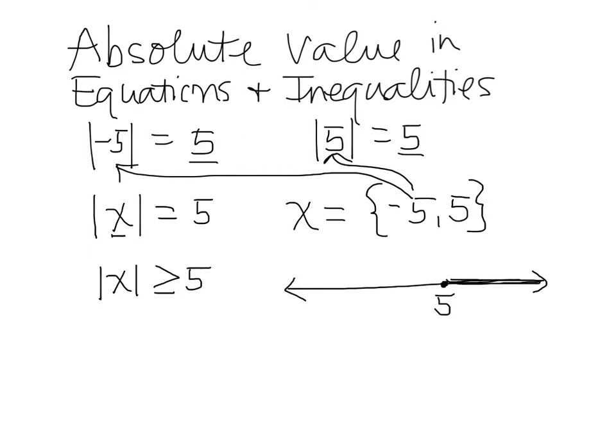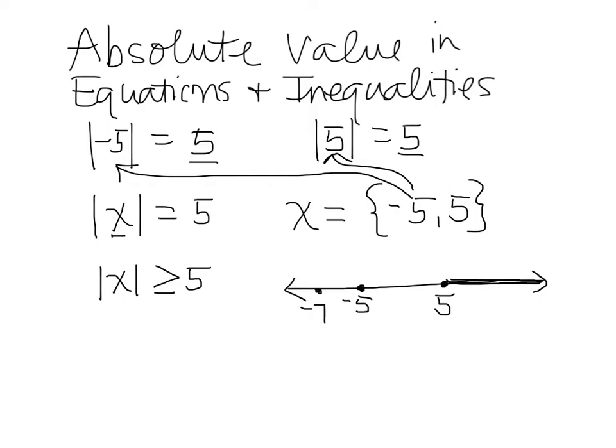Let's think about the negative numbers, though, that have an absolute value that's greater than or equal to 5. So I can say, well, clearly -5 has an absolute value that's greater than or equal to 5 because its absolute value is 5. What about -7? What's the absolute value of -7? Oh, it's +7.